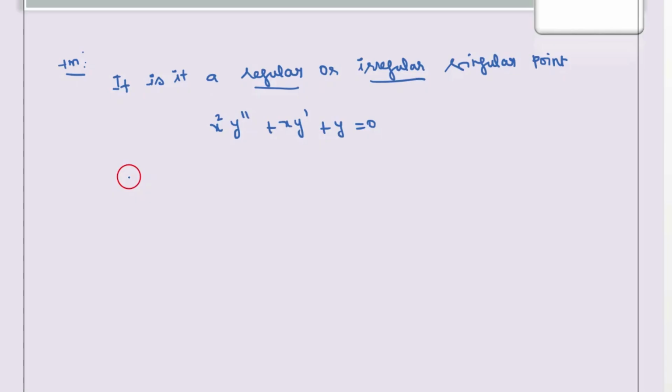We have to check it and say whether it is regular, irregular or ordinary point. So we are all familiar with what is meant by analytical and what is meant by a singular point. Do it as homework. If you have any difficulties, give your suggestion in the comment section. We will solve it in the next class.